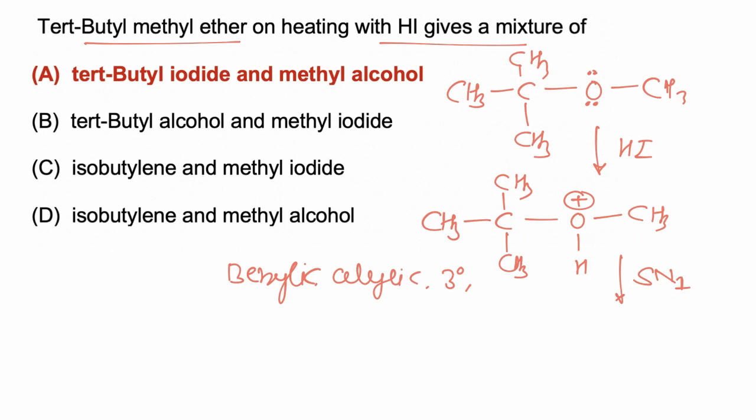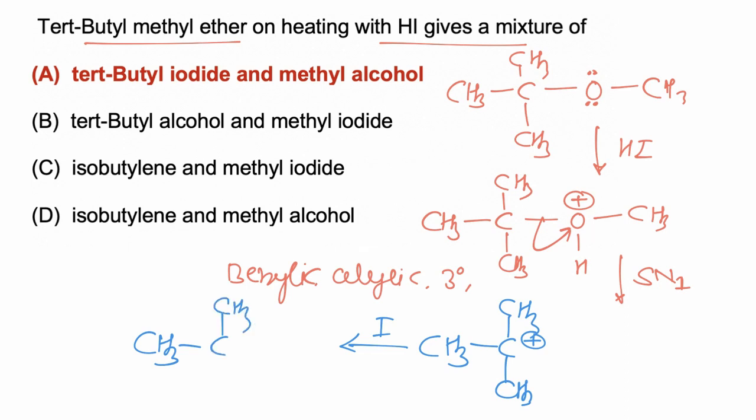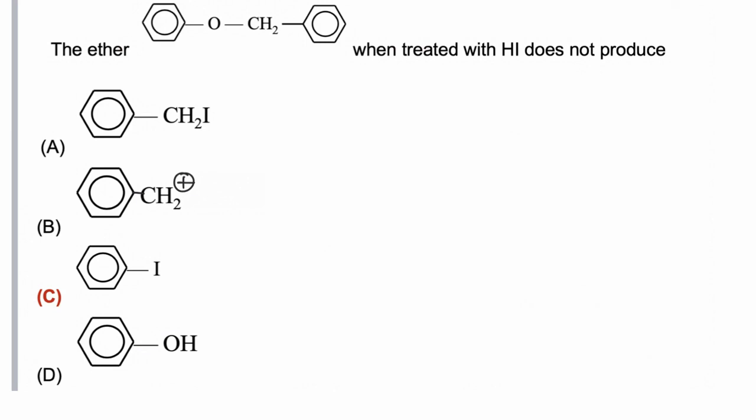So here an SN1 reaction takes place, a tertiary carbocation is formed, and now this tertiary carbocation will combine with iodine to form tertiary butyl iodide along with CH3OH as a product, and hence the correct answer is tertiary butyl iodide and methyl alcohol, and hence the correct option is A.